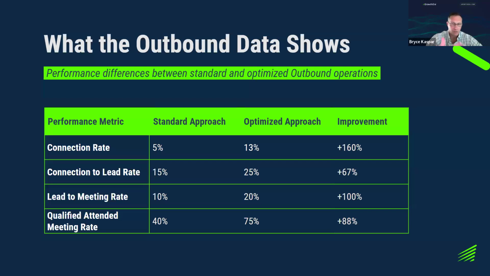And you can see when all of these metrics are strong all the way down, you end up with a higher show rate. Why? Because you have someone who's actually interested to come to the call and they know why they're attending it. So these are the fundamentals to study within your outbound motion, whether you're doing it in-house or you're looking at an outsourced partner. These are metrics that you want to know about and be able to measure over time.